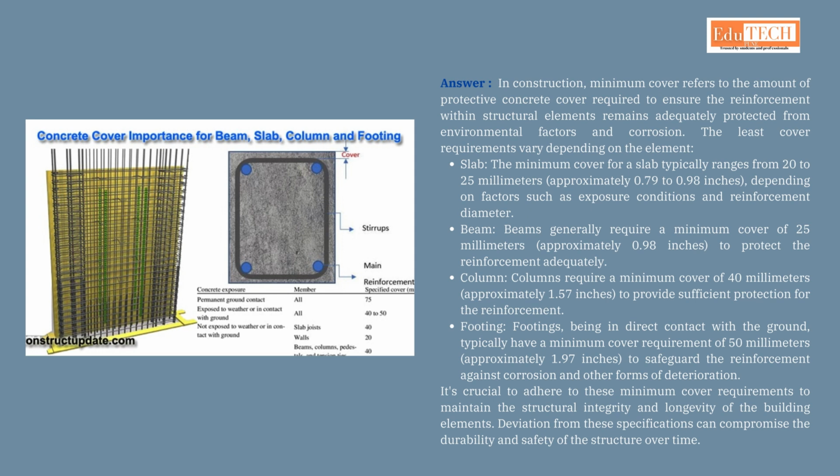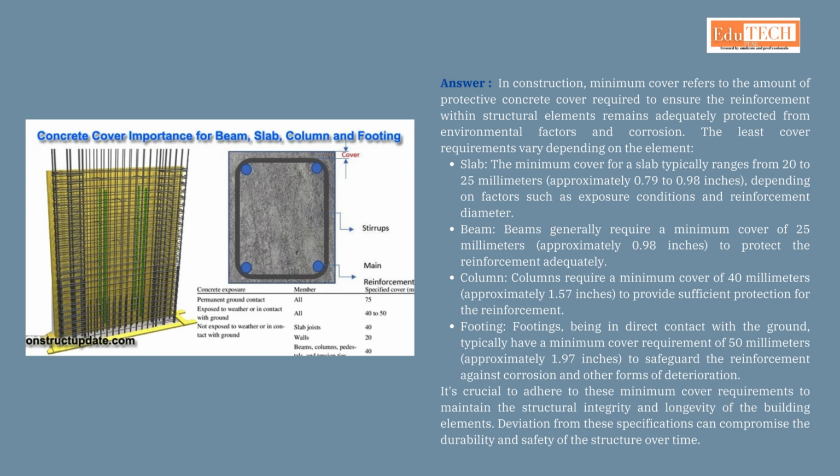Beams generally require a minimum cover of 25 mm, approximately 0.98 inches, to protect the reinforcement adequately. Columns require a minimum cover of 40 mm, approximately 1.57 inches, to provide sufficient protection for the reinforcement.